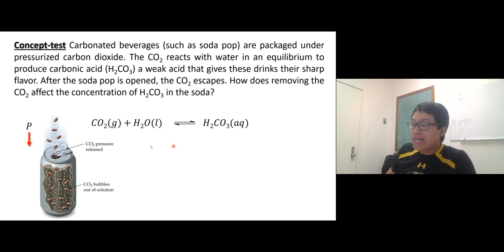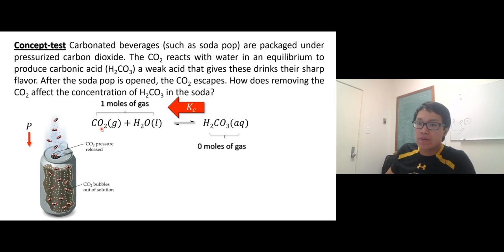Now, what does the equilibrium do when the pressure is lower? It has to maintain the pressure, so it has to shift to the side that makes more gas. Does that make sense? Any gas here? Only carbon dioxide is a gas in this equilibrium. So this equilibrium has to shift backward and make more carbon dioxide.